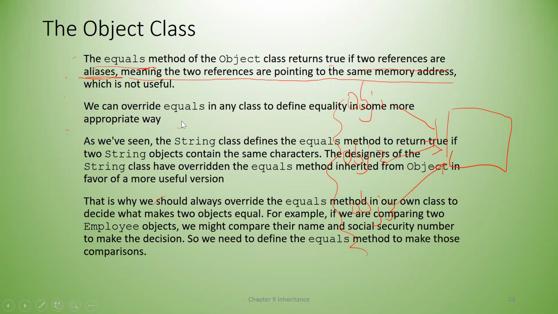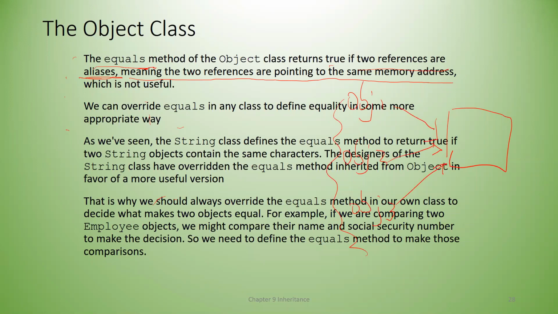That's what aliases is. So if you do not override the equals method, the Object equals method will always test to see if they reside in the same address, pointing to the same object. So, that's not useful for your program.